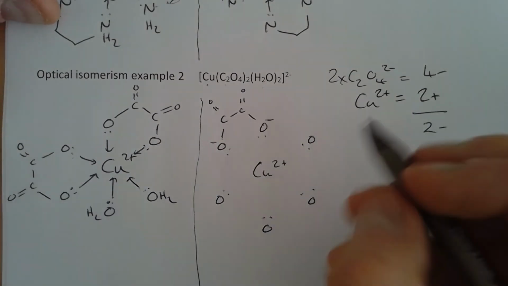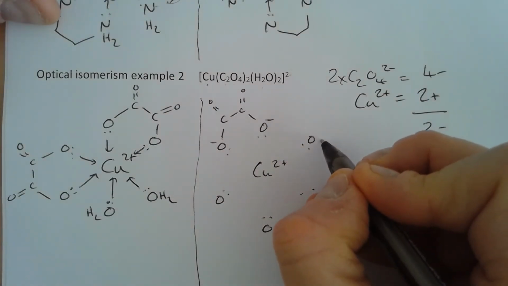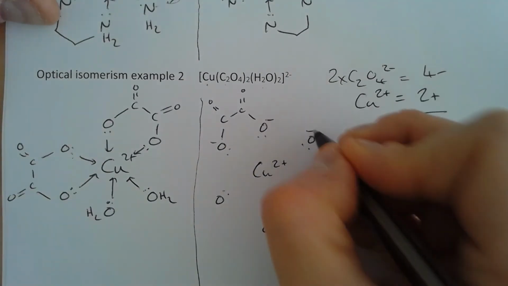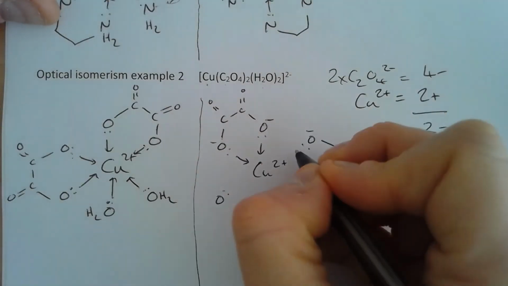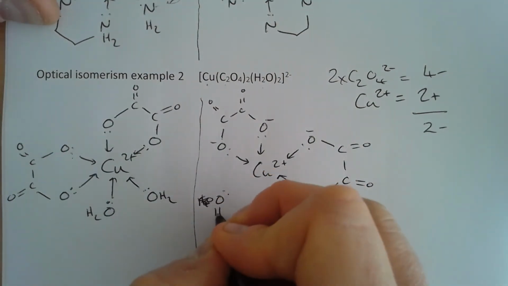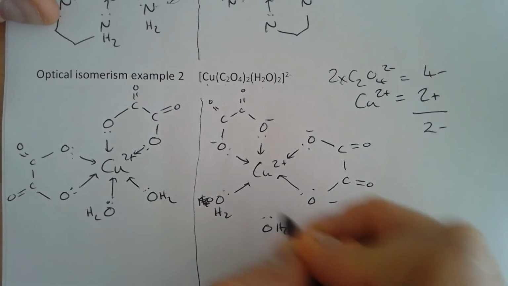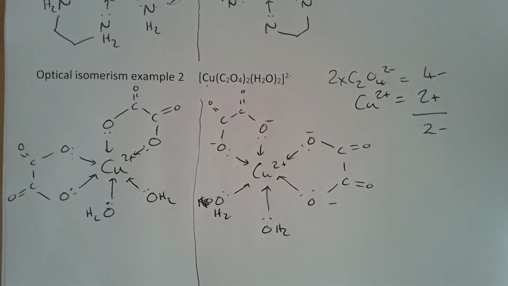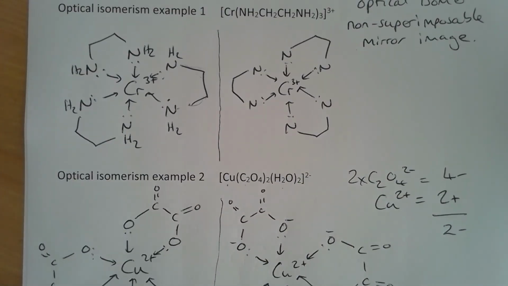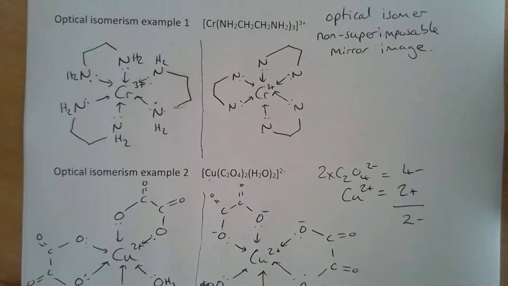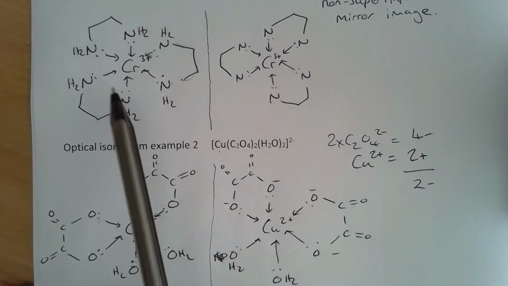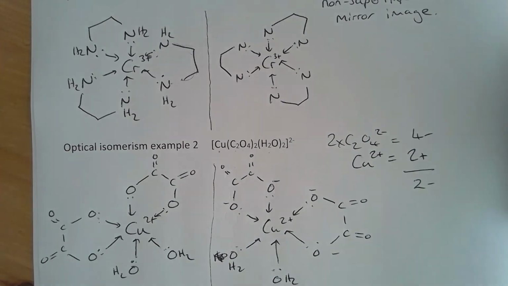And then this ligand is going to be flipped to this side. Like that. And then H2O, H2O here, and then H2O here, like that. So, just to summarise, optical isomers can exist in transition metal complexes where we have the non-superimposable mirror images of our complexes.